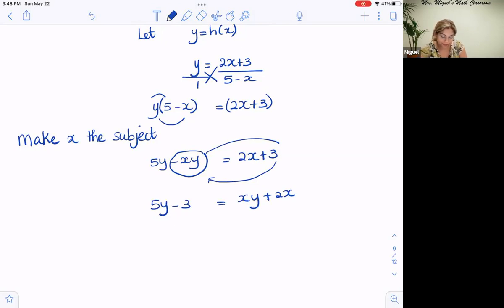So x is a factor here and x is a factor there. So factor out x, and that will give you one step closer to the answer.